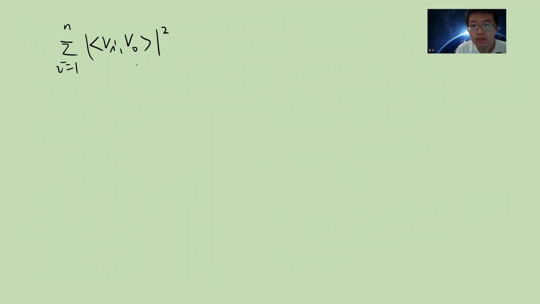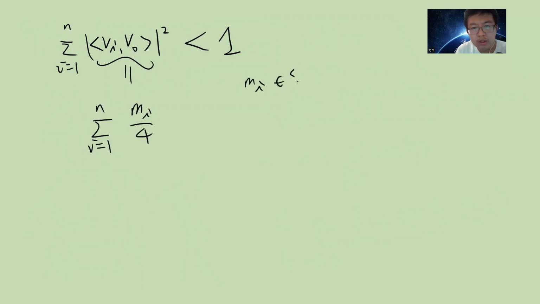By Bessel's inequality, this cannot be 1. If it is 1, that means that V0 is a linear combination of the V_i. So this must be less than 1. But each term is m_i divided by 4, where m_i is either 0, 1, 2, or 3. So it tells you that the degree is at most 3.